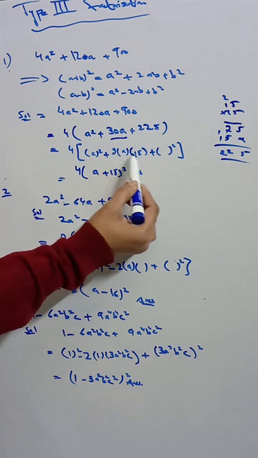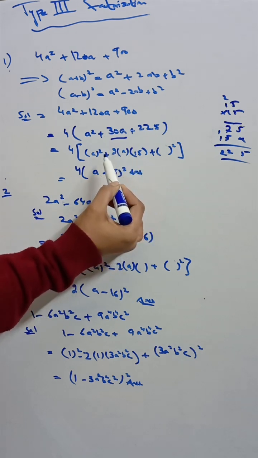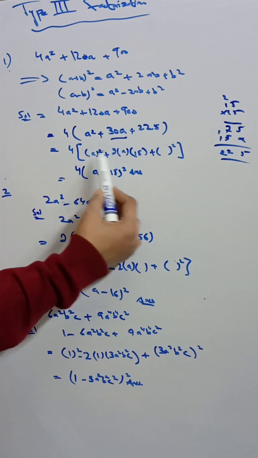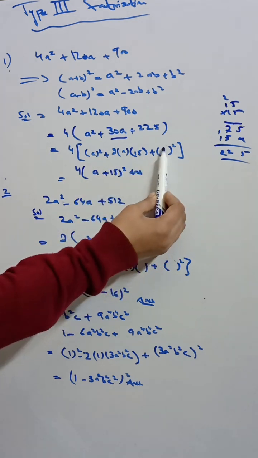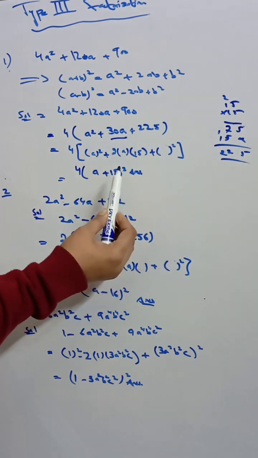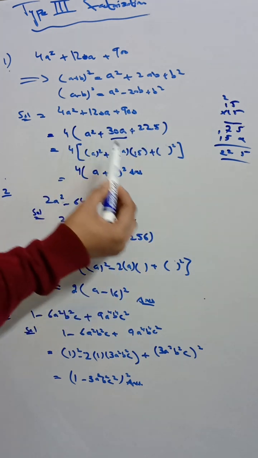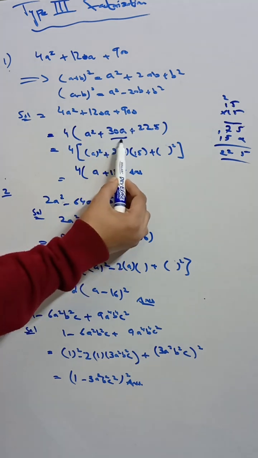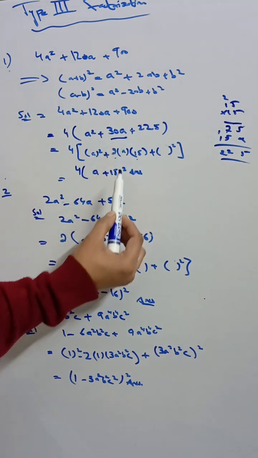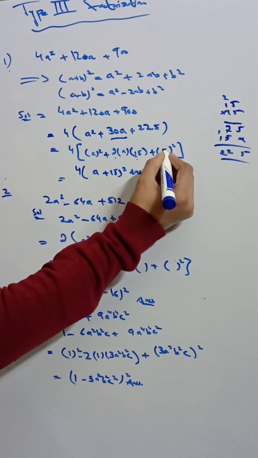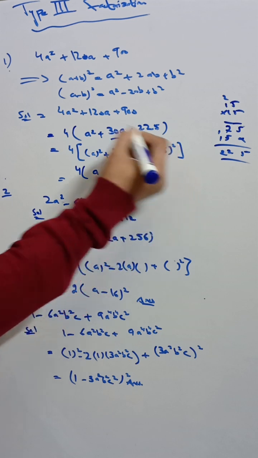It means 2 15s are 30, so it must be 15 here. 15 square equals 225.